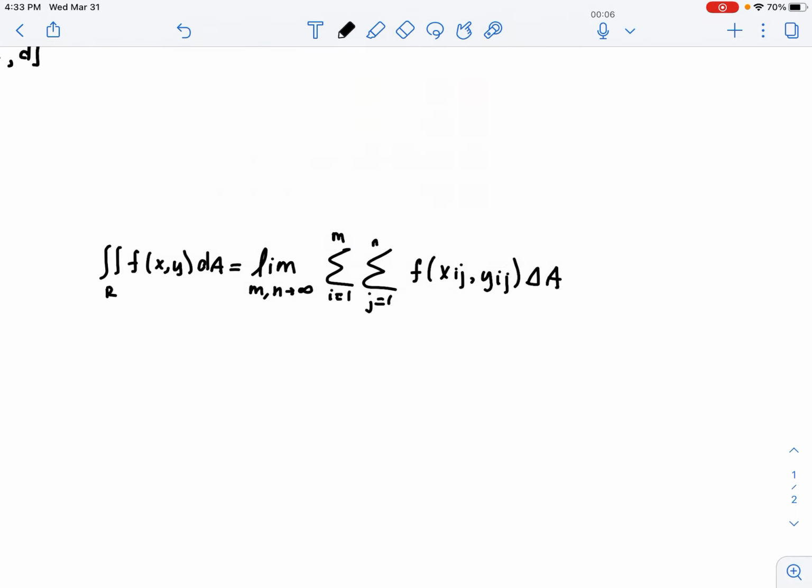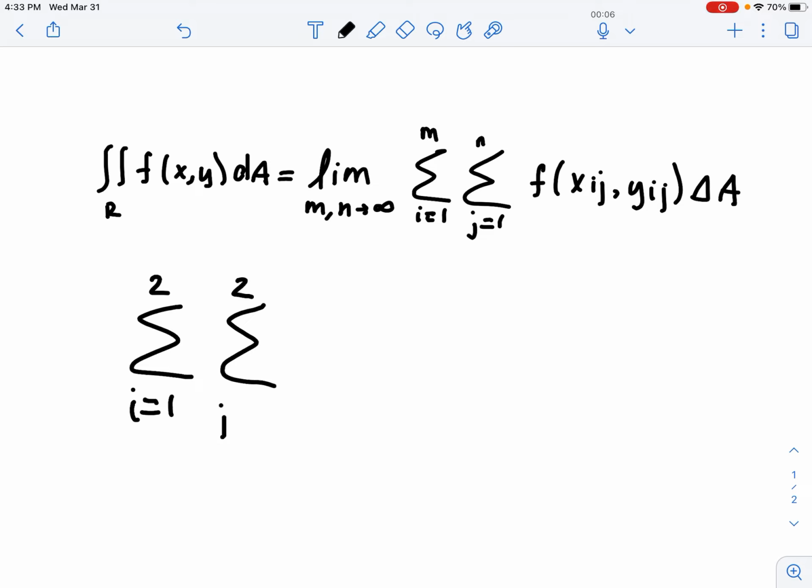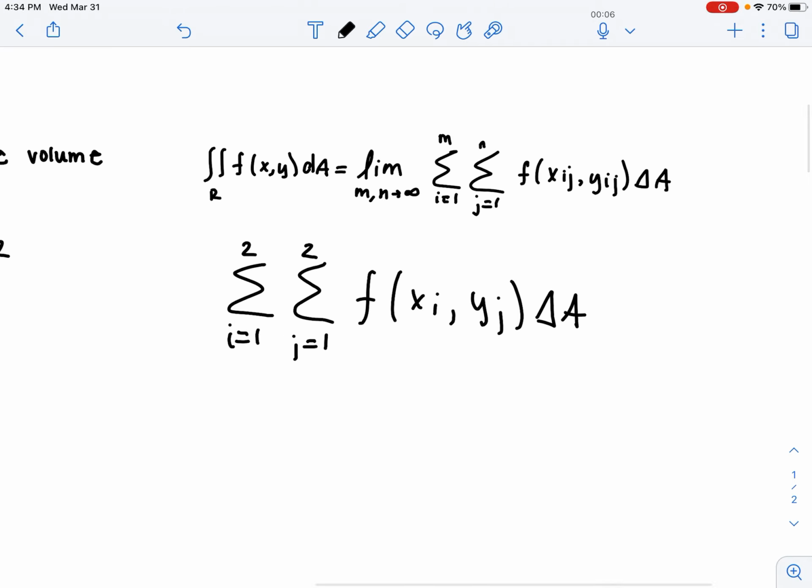So we will simplify ours because our m is 2, our i will be 1, and our n is also 2, and j equals 1. So this is what our simplified formula will look like. Delta A.